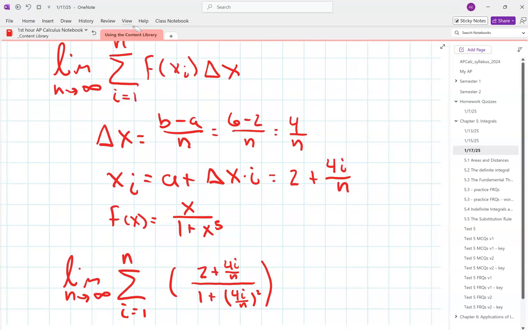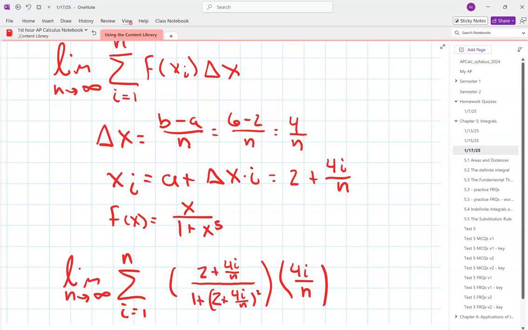Oops, I don't need the f there. And then I have times my delta x. Oops, and I did that wrong down there, right? Should be 2 plus xi squared. And then I don't know if the back of the book did some fancy simplifying, like FOIL some stuff out and clear those fractions inside of fractions in there. Let's look up and see what the answer is and see if this is equivalent to it.